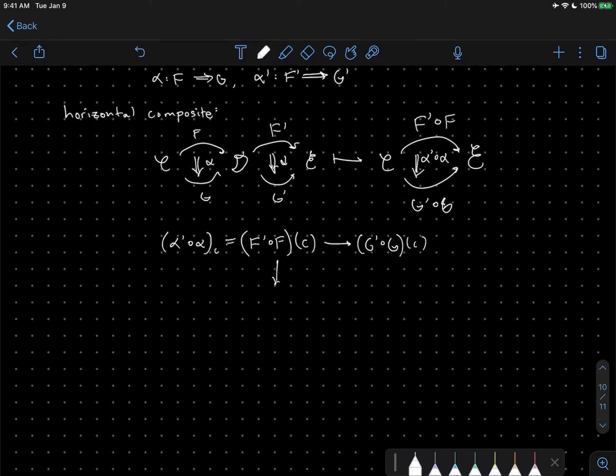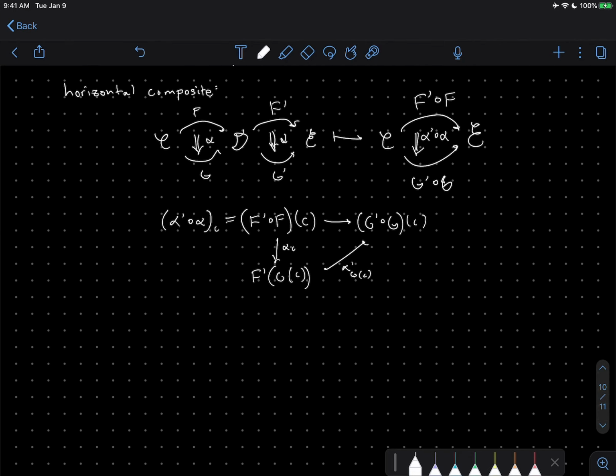Well, we're first going to use the component of alpha at C to get to F prime of G of C. And then we're going to use the component of alpha prime at G of C to get us there.